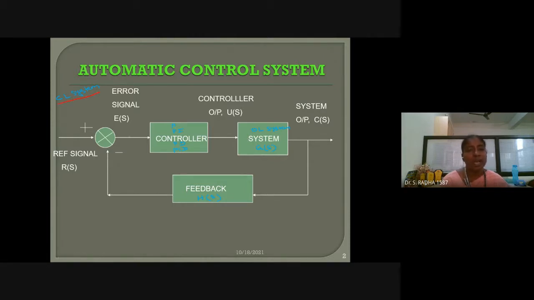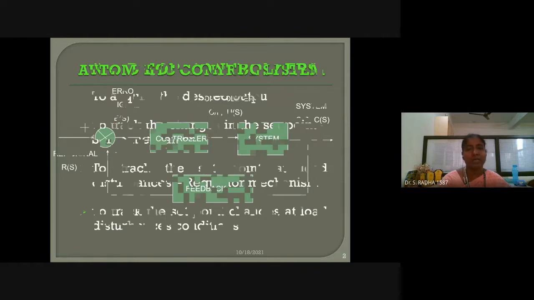After the summing point, the summer or error detector, the error signal will come. E of t is nothing but the error signal. After the error signal, we are going to put whichever controller we want: proportional integral, proportional derivative, or proportional integral derivative, any one controller at a time.